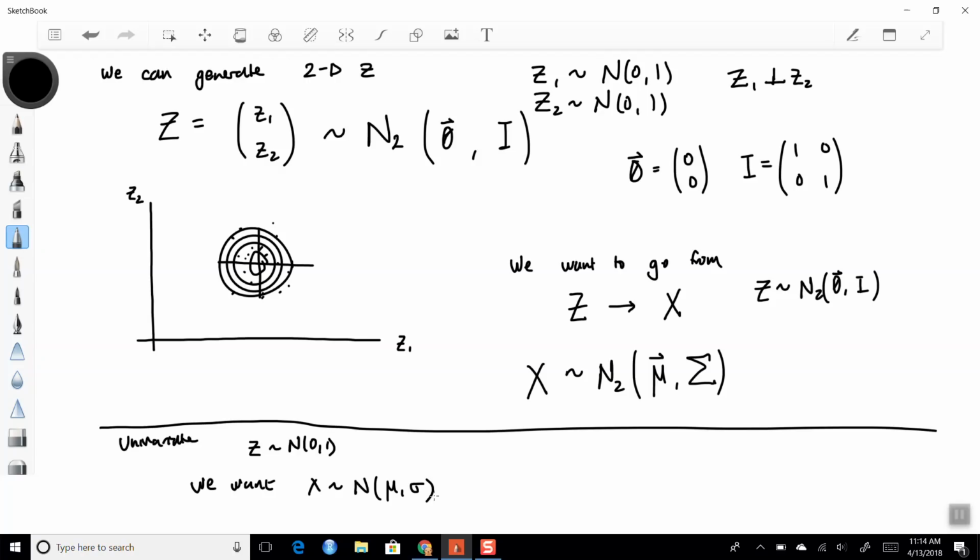Okay, so this is univariate. How did we go from Z to X? We say X is equal to, and what did we do?